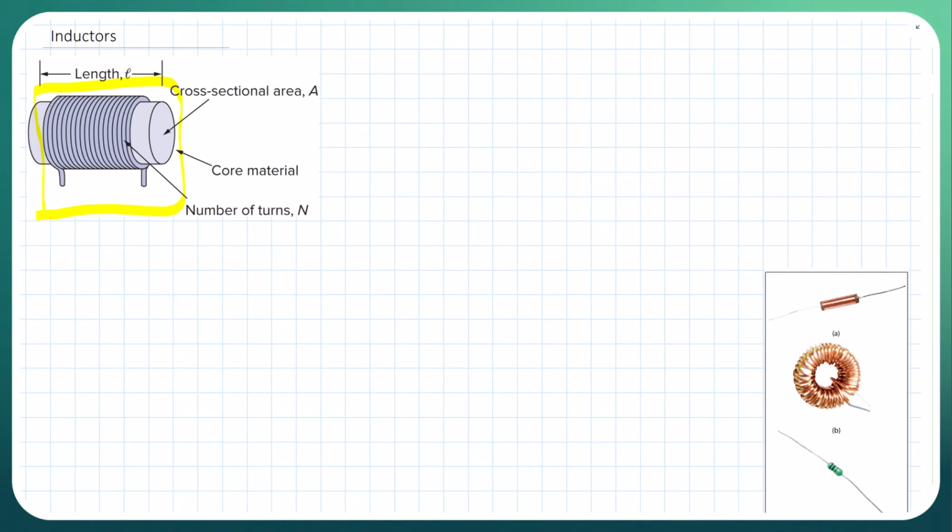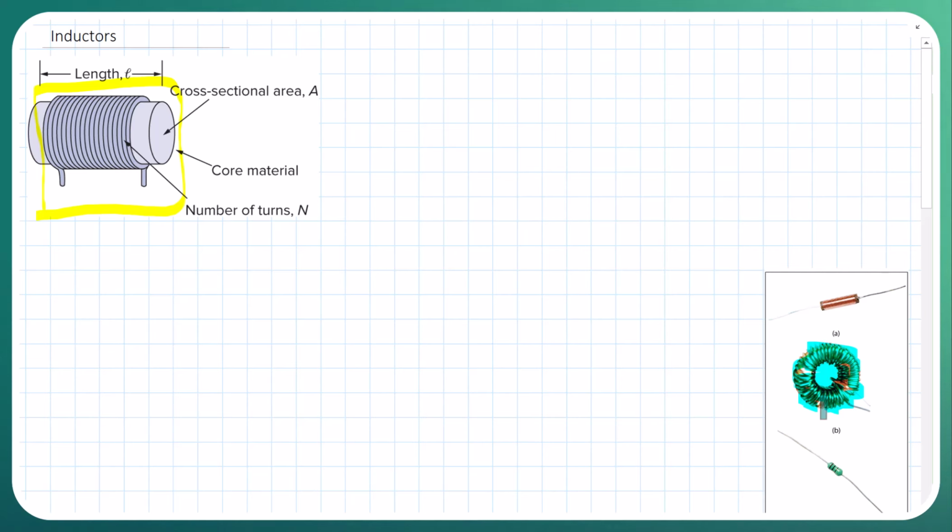So if you ever open up your appliances, you might see coils wrapped around. You might have seen things like this in some of your electronics. These are typically your inductors.